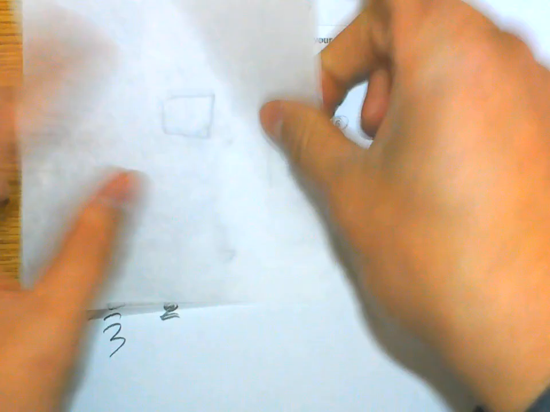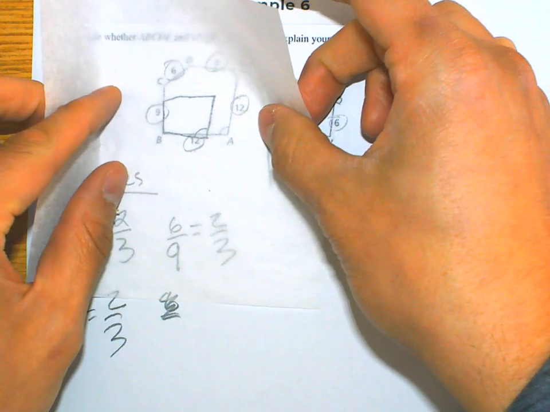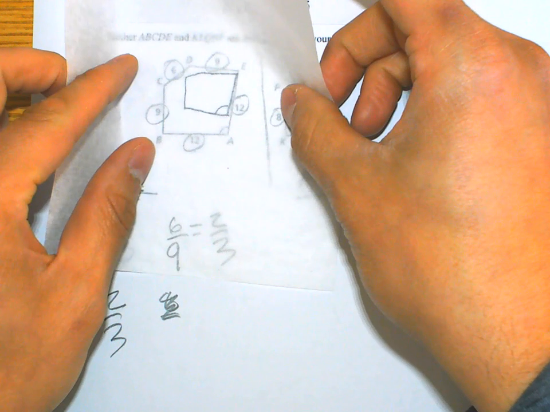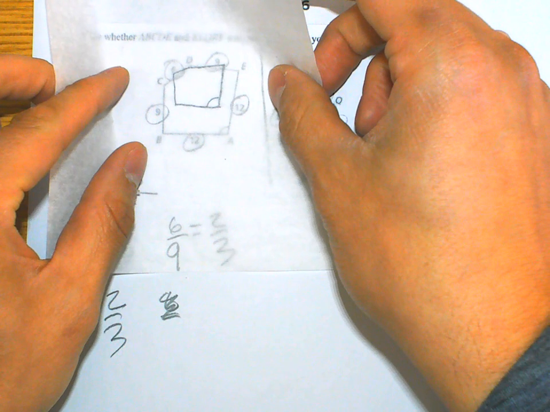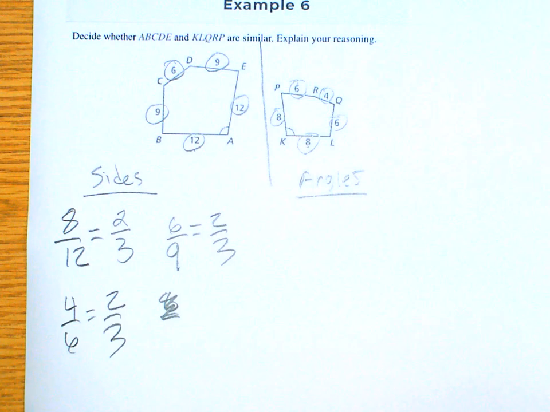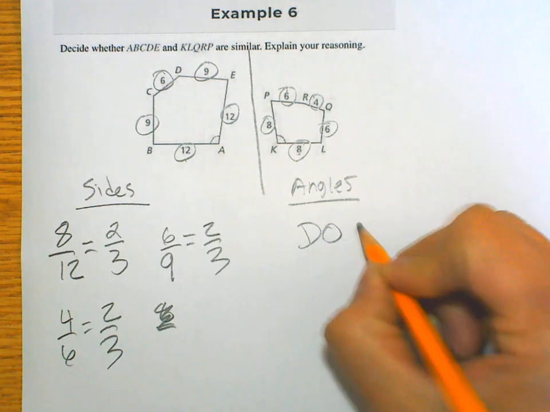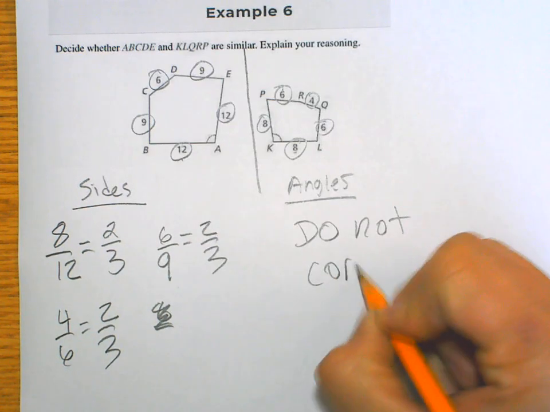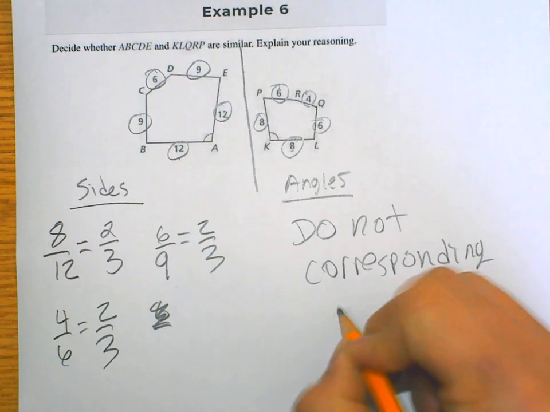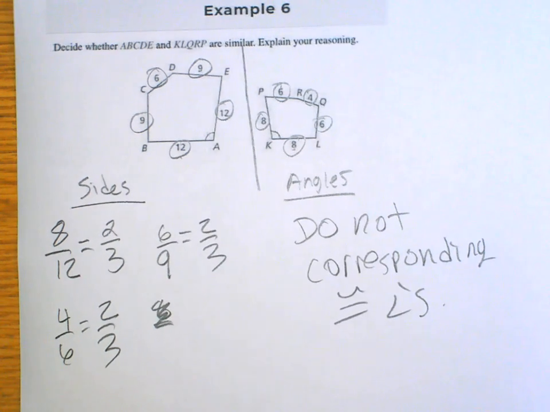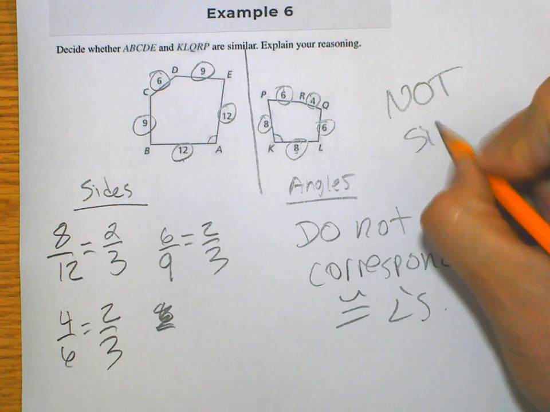This one's good. This one's good. That one right there, you notice that that is not the same. So the angles themselves did not preserve. So you do not have corresponding congruent angles. So are they similar? No, not similar.